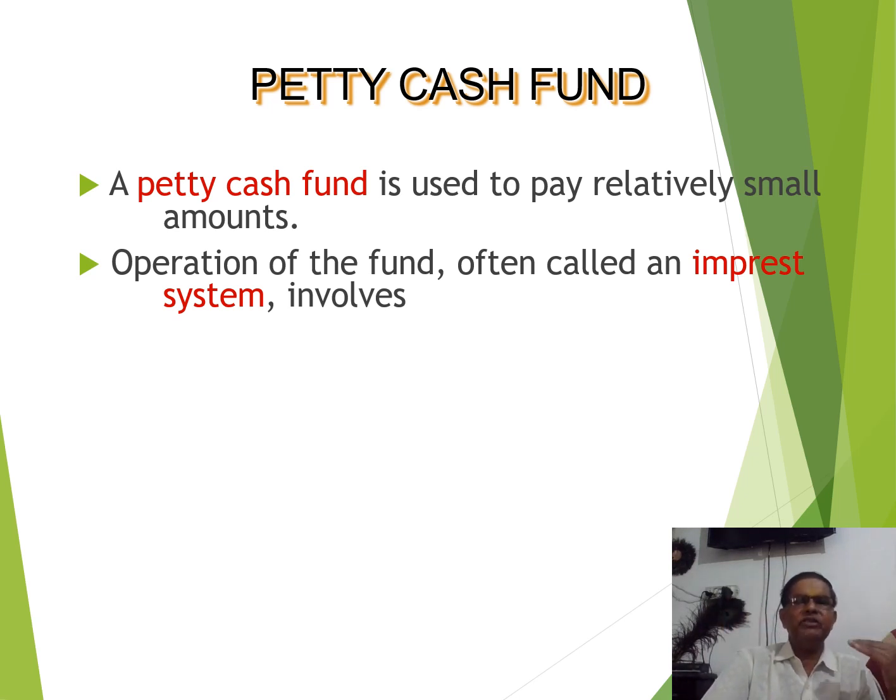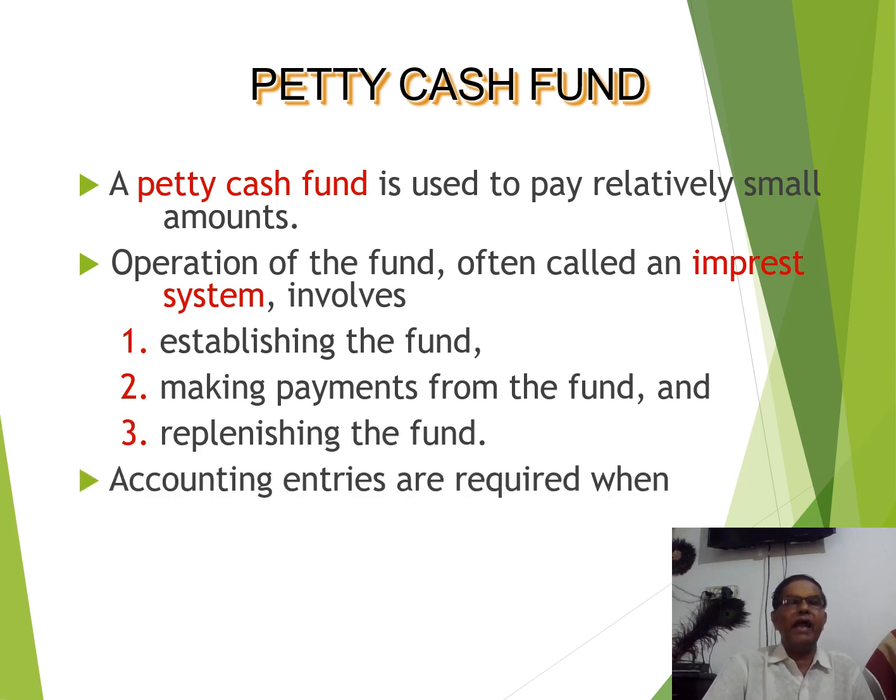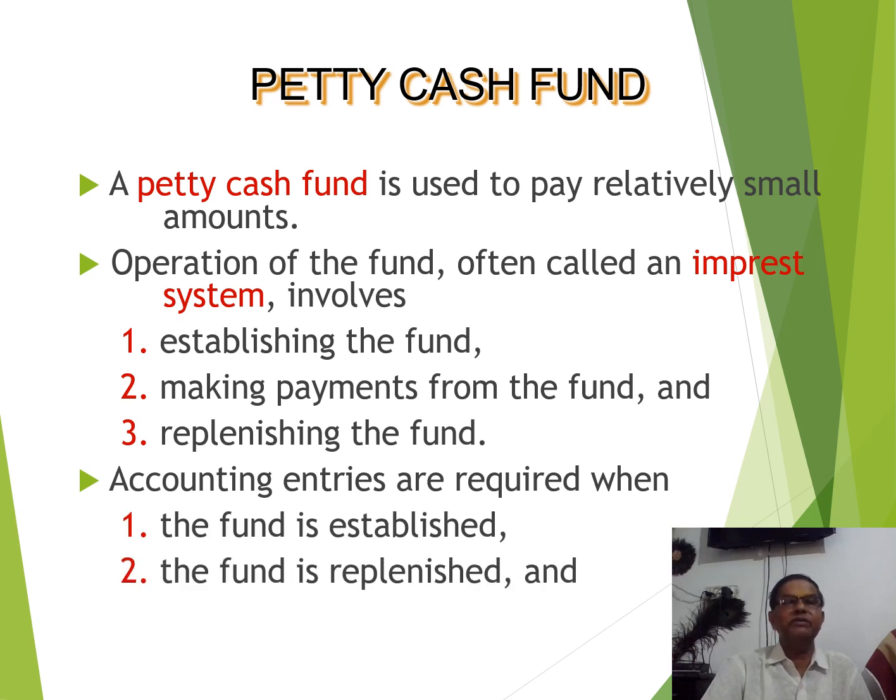Imprest money means money is given in advance to the petty cashier to meet the day-to-day expenditure. This system involves establishing the fund, making payment from the fund and replenishing the fund. Accounting entries are required when the fund is established.